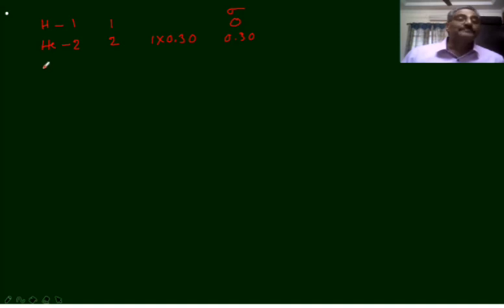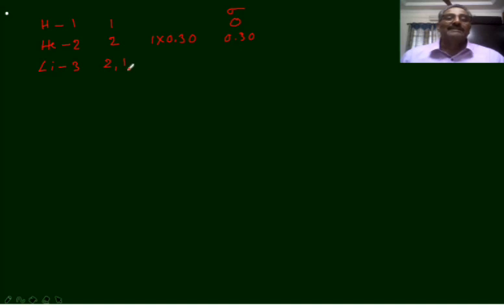Lithium. Atomic number is 3. Electron distribution is 2, 1. Let us calculate the screening constant of the outer electron. The outer electron is in the second shell, that is n value is 2, and it is in the s orbital.